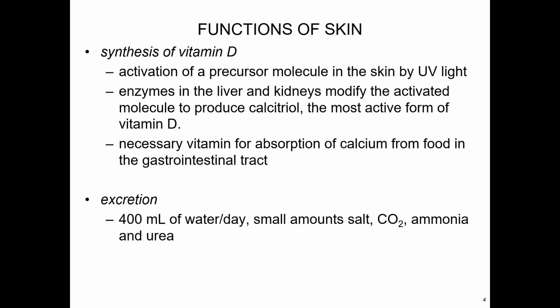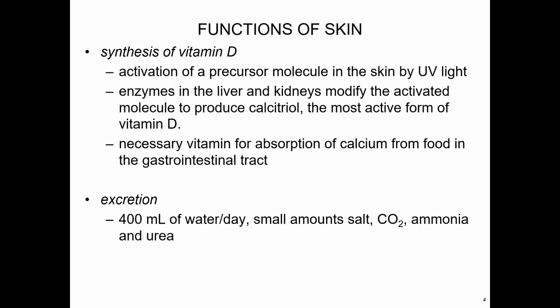This can happen only in the skin, because deeper parts of the body, such as liver and kidneys, cannot get any UV light, because all UV light is blocked by the surrounding tissues. So synthesis of vitamin D starts in the skin, and this partially made product will move on to the liver.